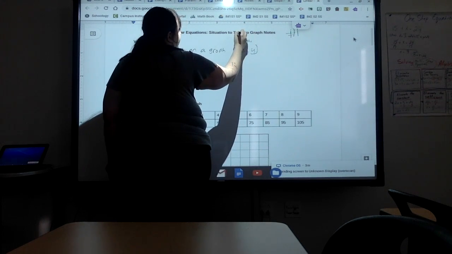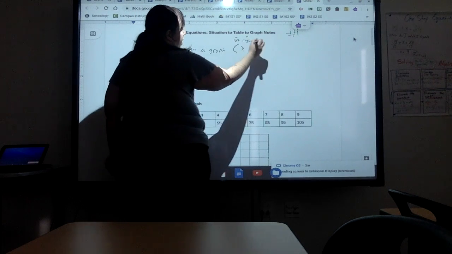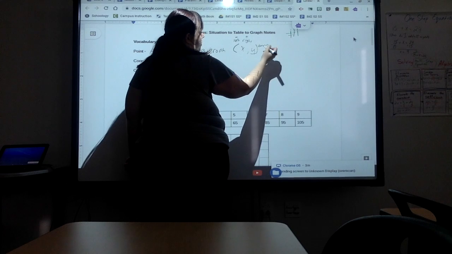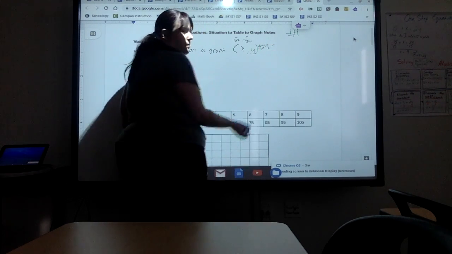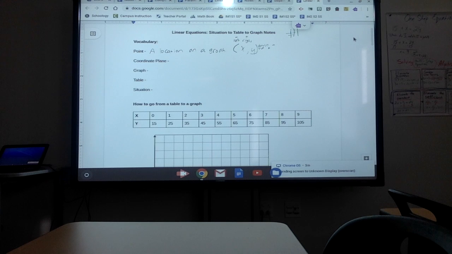If it's left, that's negative, and if it's right, it's positive. And then for the y, it's how far down it's gone from the middle or how far up. If it's down, it's negative, and if it's up, it's positive. So a point is like this little tiny dot on a graph.